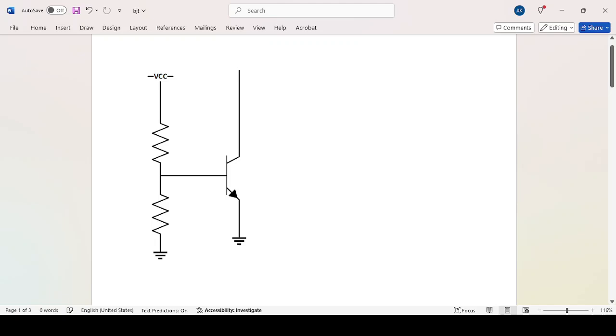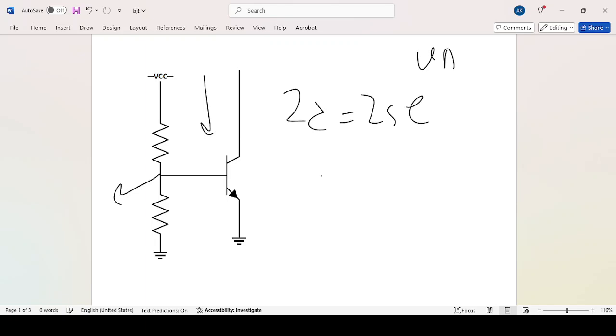The reason is, if you do this, for example, here, I generate the bias over here in the base of this transistor, and we know that IC would be equal to IS e to the power of VB over VT.